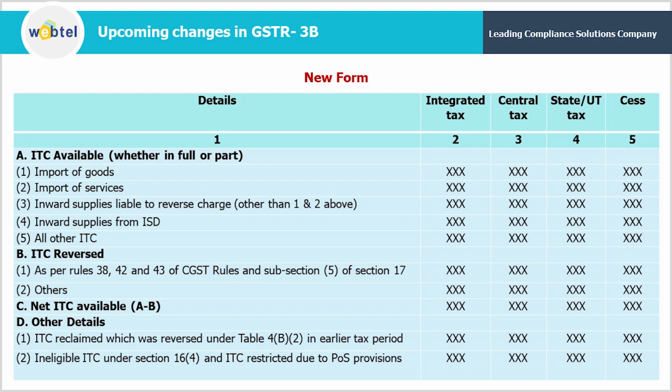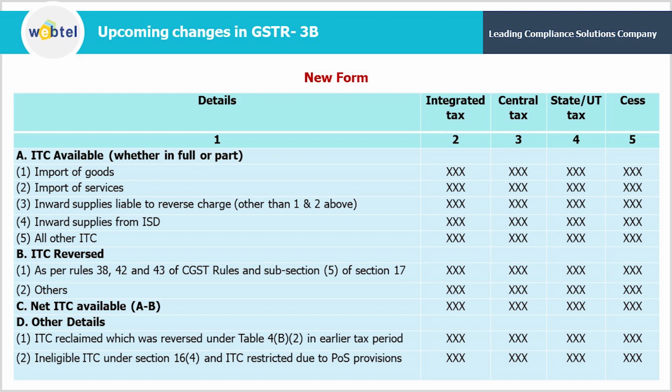Earlier, Rule 38 and section 17(5) were not covered here, as I told you earlier also. So here we have to report 17(5) only, other than earlier when we were reporting it in our D table. After that we will get net ITC.